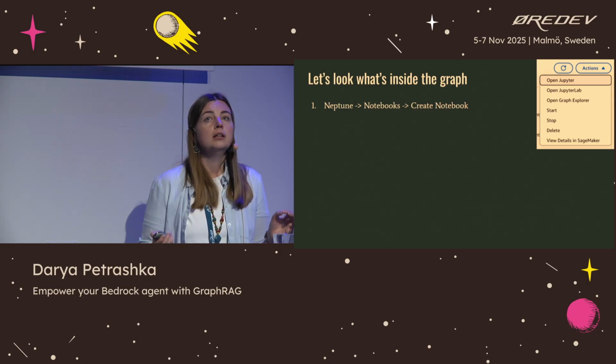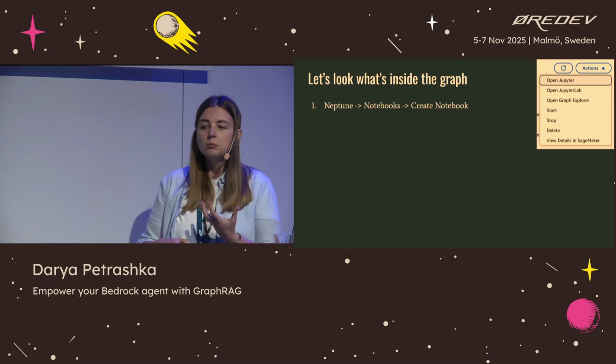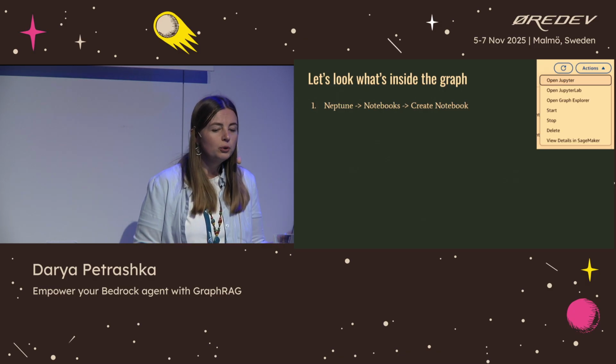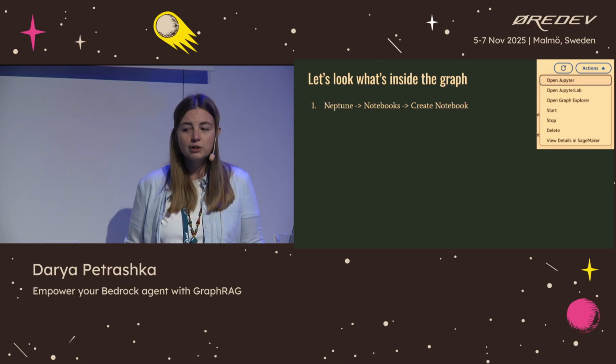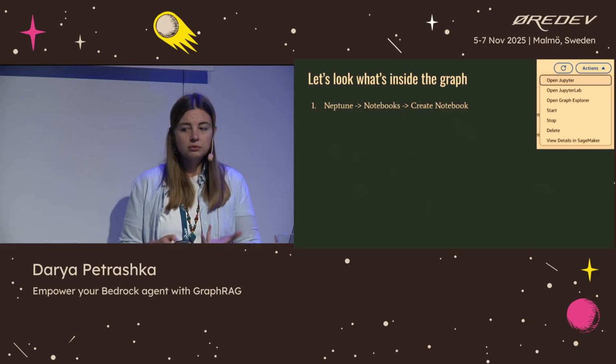But if we are building that automatically, we can observe results, but basically we can have no clue what's going on inside the graph. One way is to go to Neptune itself.